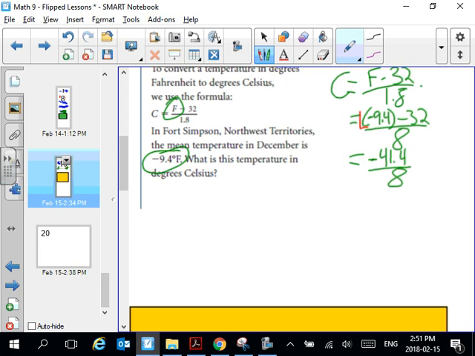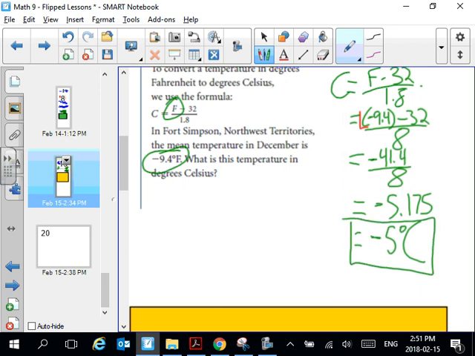Might need a new battery. Okay, so negative 9.4 minus 32. Double checking. Yes, it is negative 44.4, which is divided by 8, gives me negative 5.175. I'm going to call that negative 5 degrees Celsius.